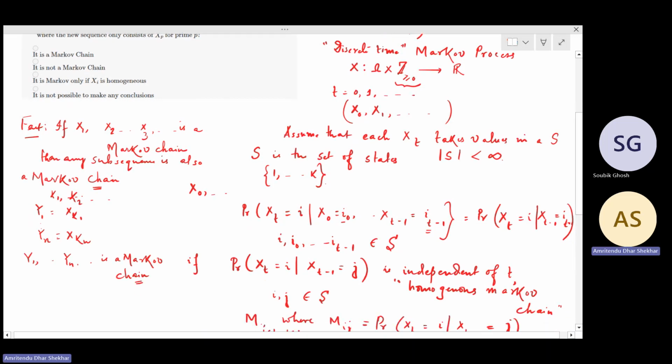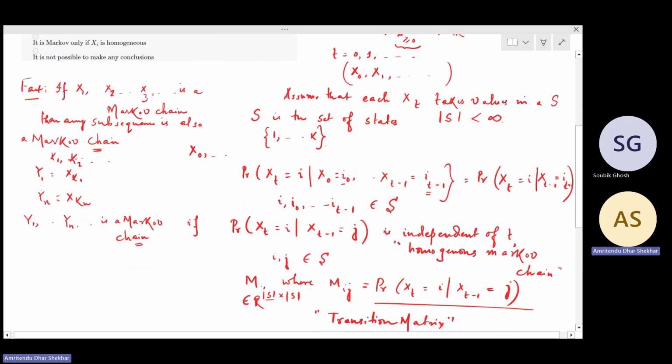Why is that true? The condition for a sequence of random variables to be a Markov chain is that it has the memorylessness property: it is only dependent on the previous time step and not the time steps before.